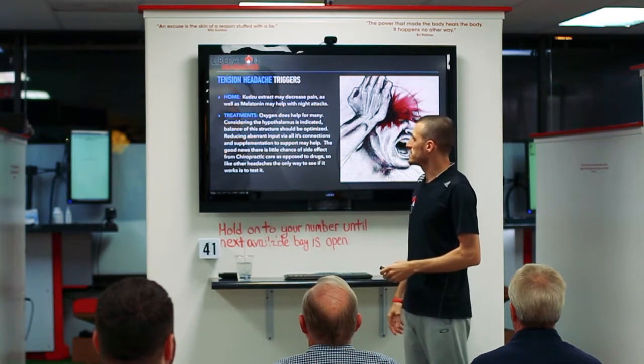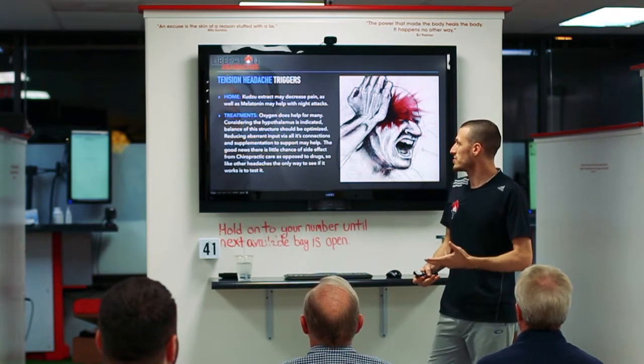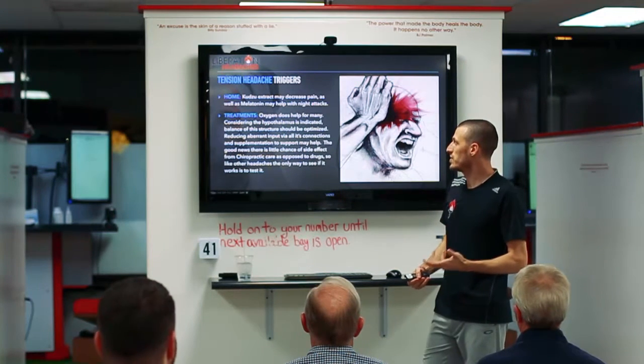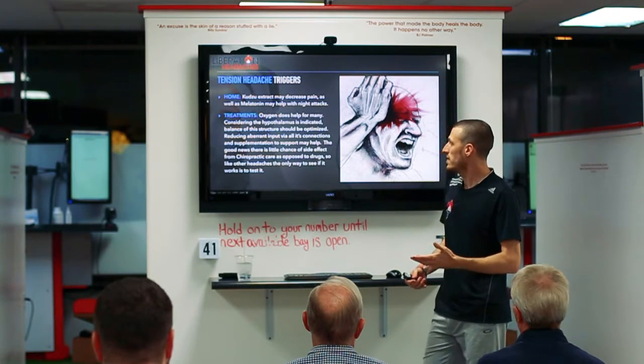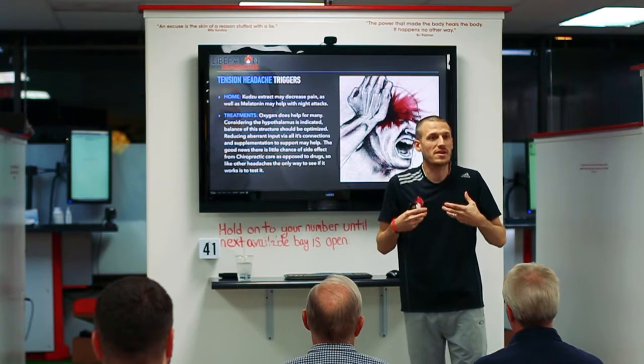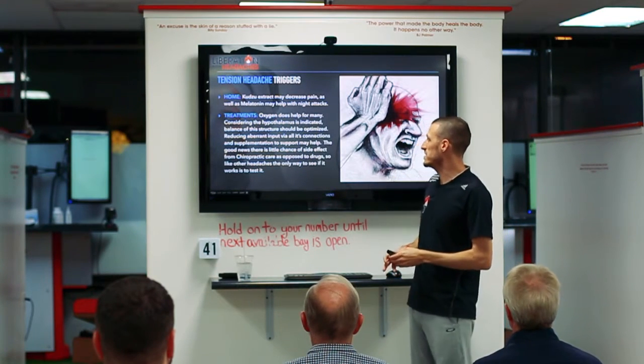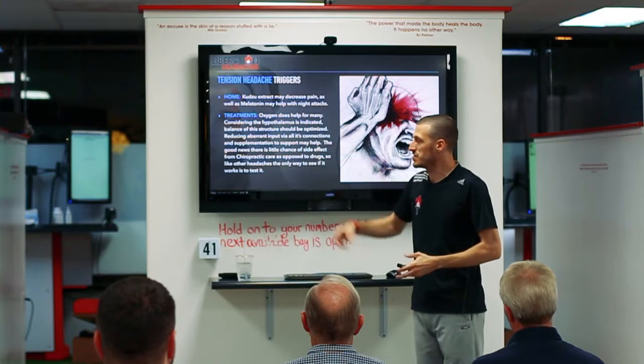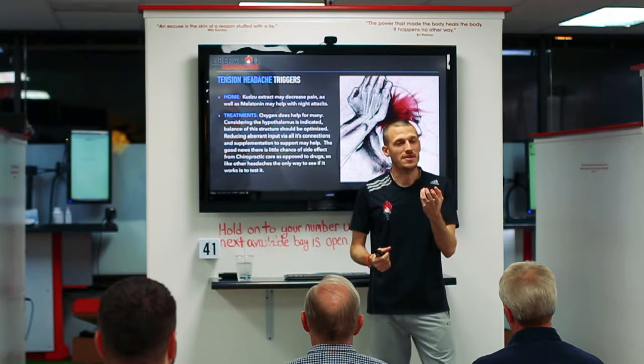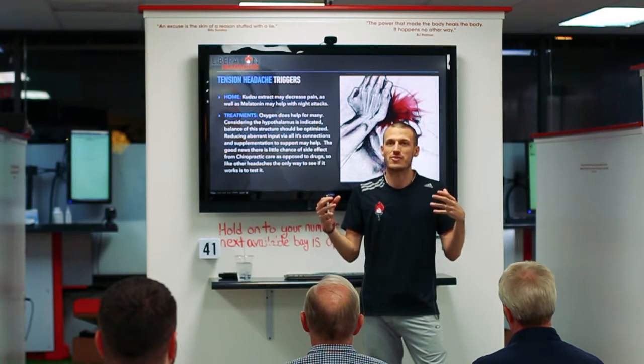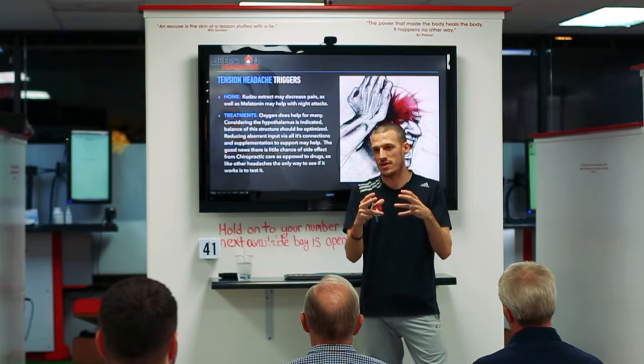Considering the hypothalamus is indicated, balance of this structure should be optimized. Reducing aberrant input, meaning distorted input into the hypothalamus via all of its connections. If you look at how that works, your hypothalamus is basically like a router or a network hub.